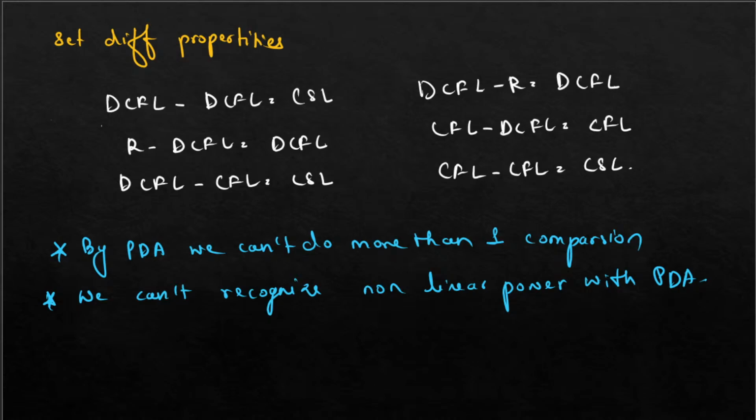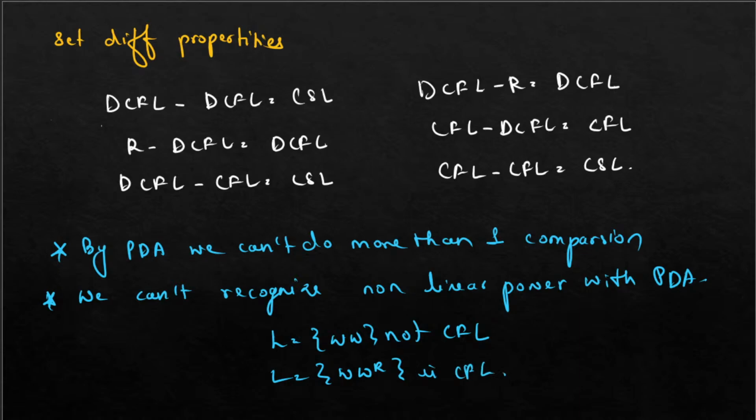So non-reverse matching is not possible, but reverse matching is possible. So WW is not CFL. But if you talk about reverse, so this is possible, it is CFL.